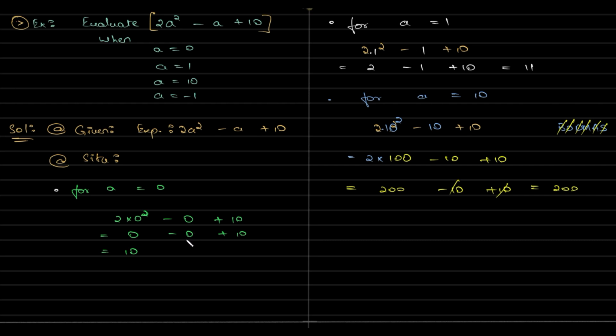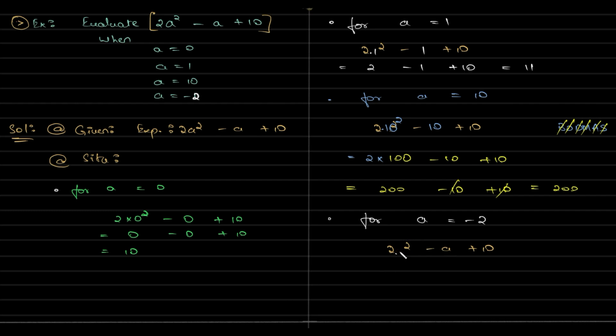Next we have, instead of -1, let me make it -2. A bit more challenging. For a is equal to -2. So there is into over there.